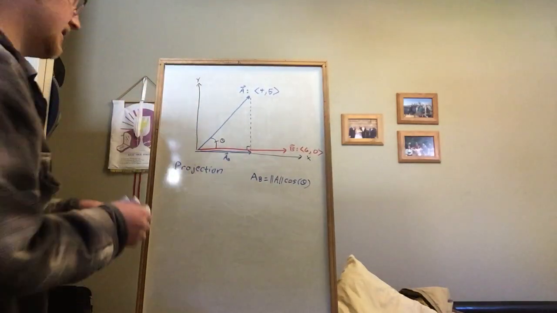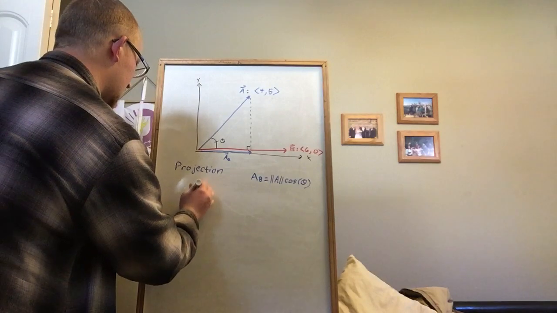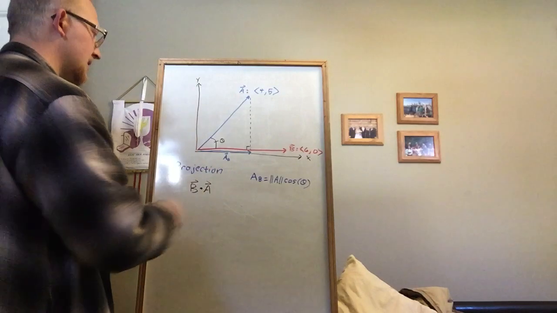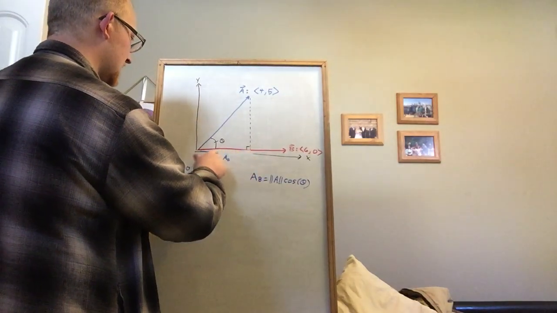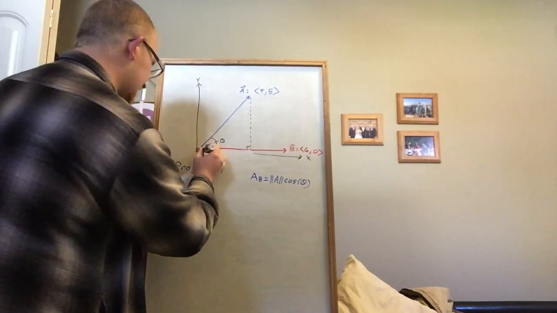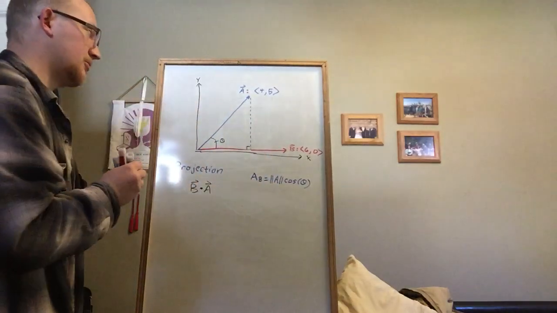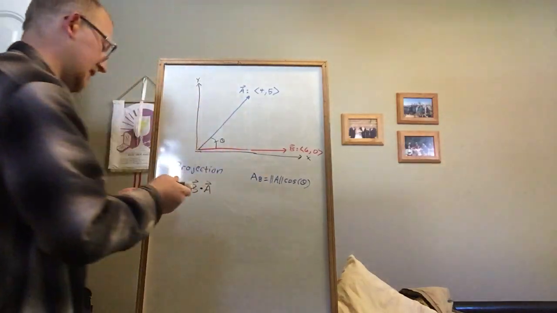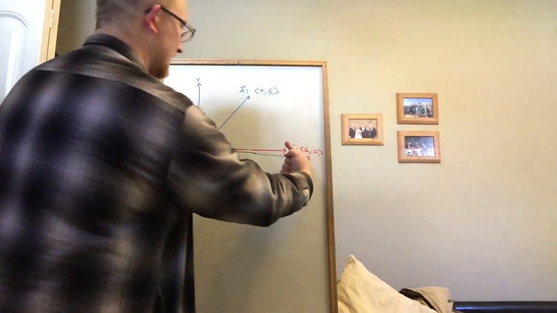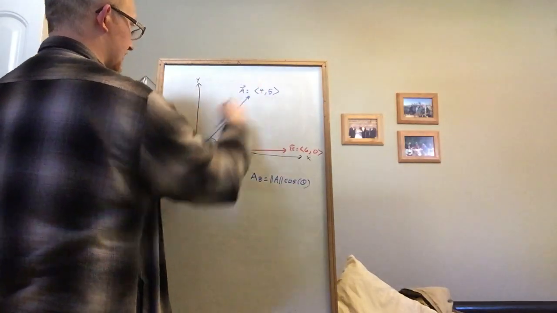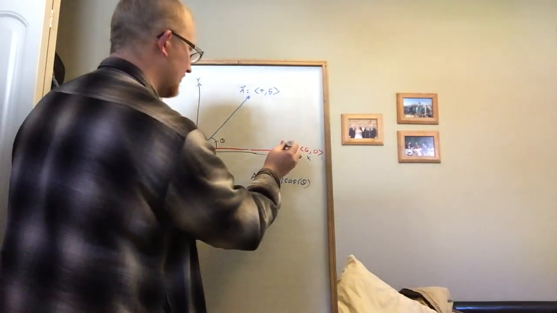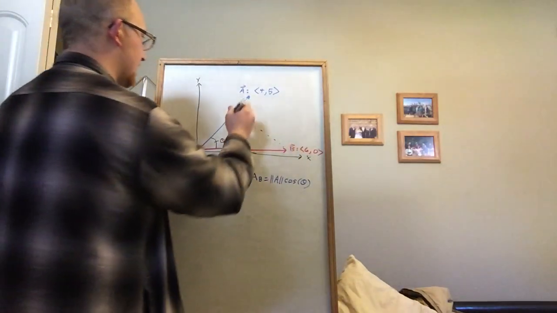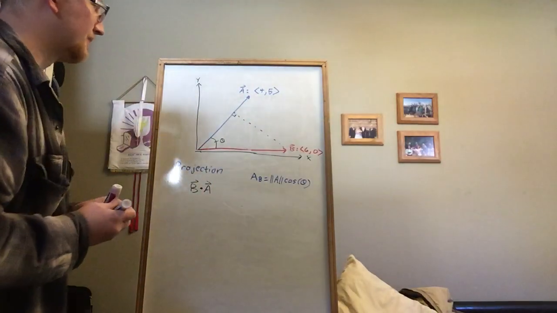Let's say that we did B dot A. So you noticed up here the projection came down to B, and I found A sub B. This time though, what's going to happen is I'm going to project B onto A. So what I'm doing here is I'm going to shine a light orthogonal to the A vector, and I'm going to project B onto A. So that's going to be a right angle.